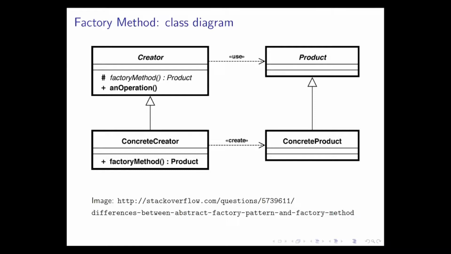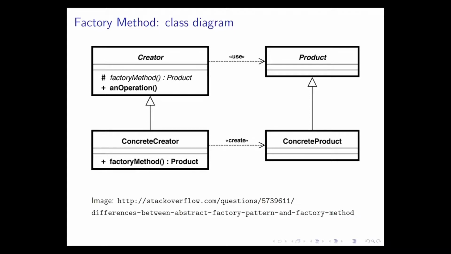Now, an operation here is just standing for something that your class is doing, in the course of which it's going to need to get hold of a product object. It's going to need a product object created. Now the idea of the factory method is that instead of the code of an operation writing new ConcreteProduct, it's instead going to write this.factoryMethod.